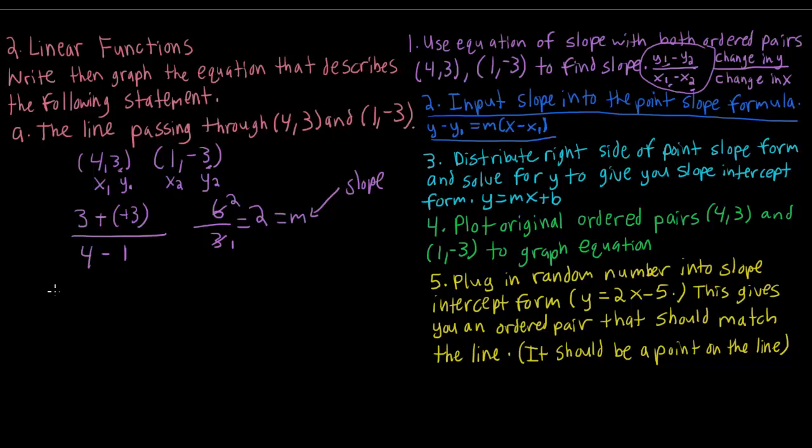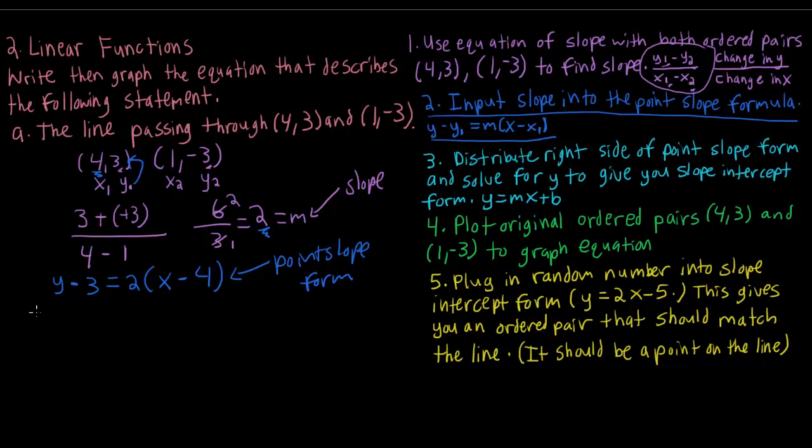So we have y minus y1, and y1 from the beginning was 3, equals m, and in this case our slope, our m, is 2, times x minus x1, and x1 is 4, so x minus 4. So now we have our equation in point slope form. This right here is our point slope form, and we can move on to step 3.